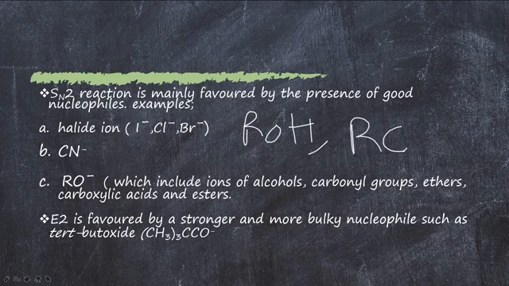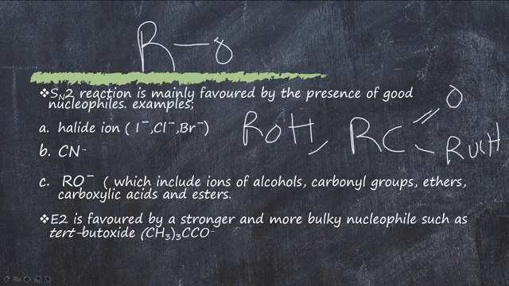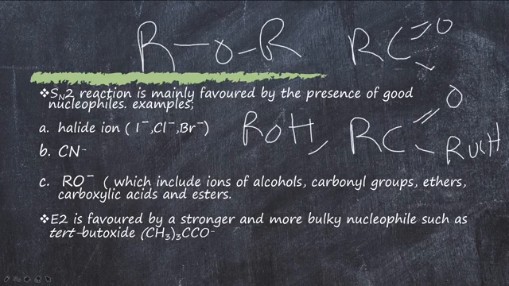That's RC, then this C will have a double bond, and this double bond could be to an O, and the C could carry an R or an H, depending on the group we're talking about. Now, it could be an ether, the ROR group, also a carboxylic acid, the RC double bonded with O and single bonded with OH. I just classified all of them together as one, so don't get it confused.